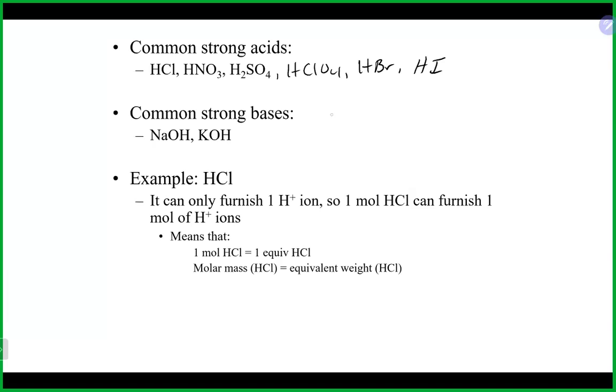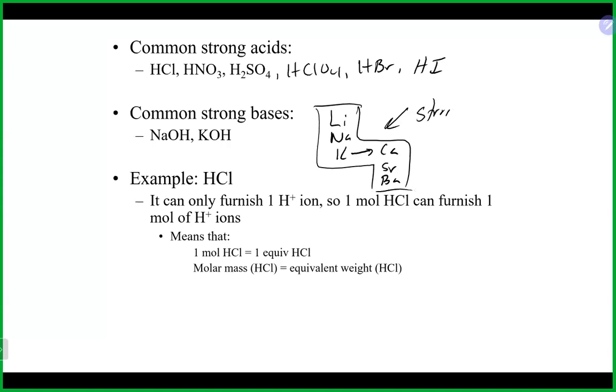Remember that if you look on the periodic table for bases, lithium, sodium, potassium, hang a right-hand turn to calcium, strontium, and barium. If you hook any of these guys up in group 1 or 2 on the periodic table with hydroxide, these are typically where a lot of our strong bases come from, like we see here, sodium hydroxide, potassium hydroxide.